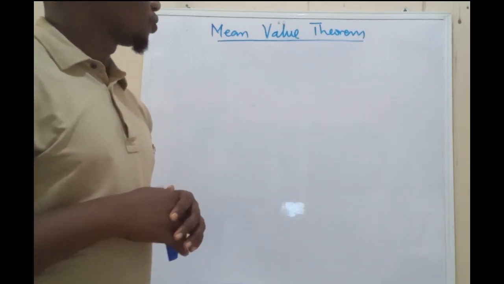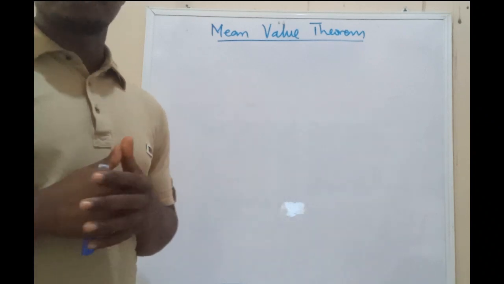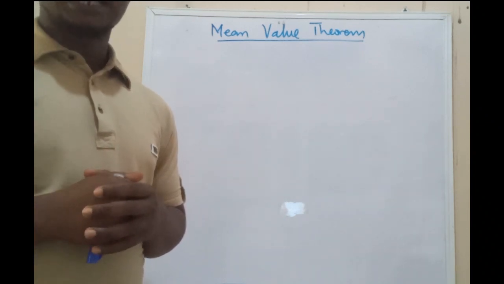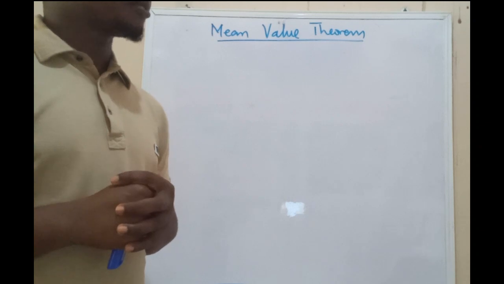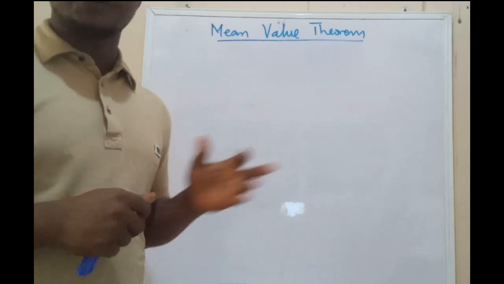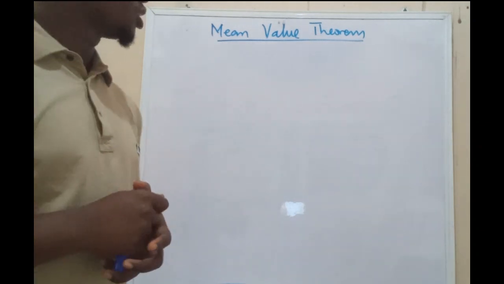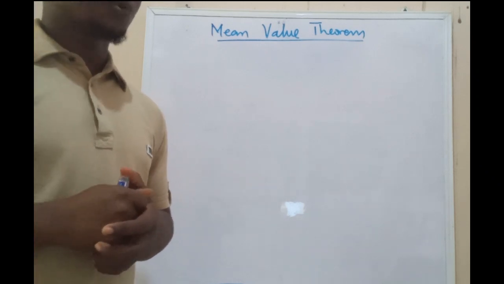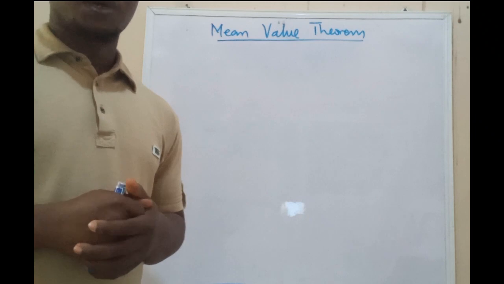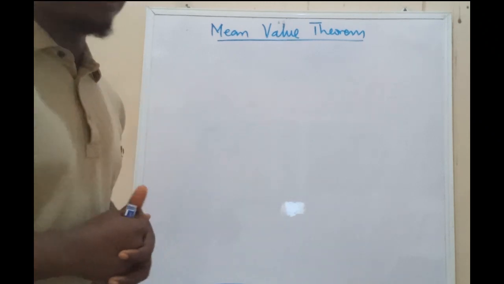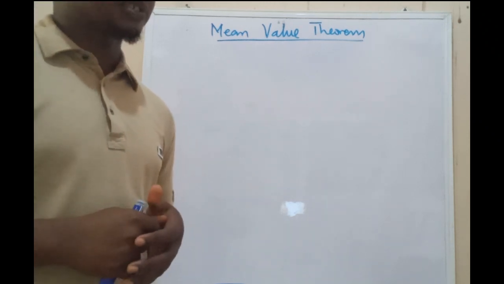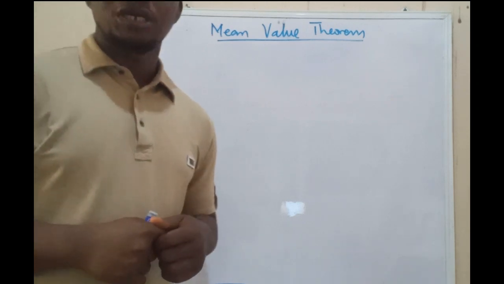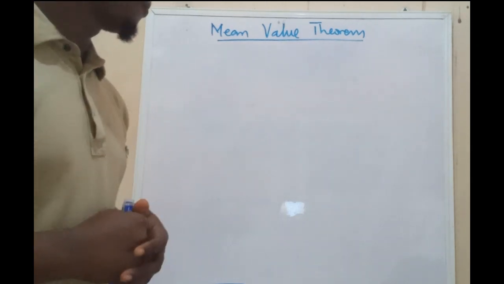Before the advent of this mean value theorem, there was a theorem that was used to discuss it. The theorem is known as Rolle's theorem. This theorem was first published by a French mathematician called Rolle in the 17th century.